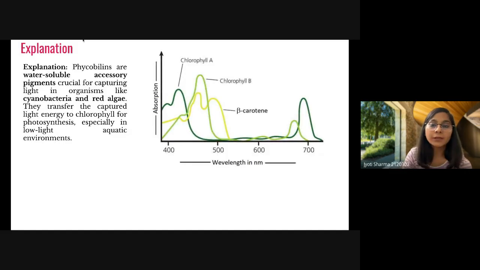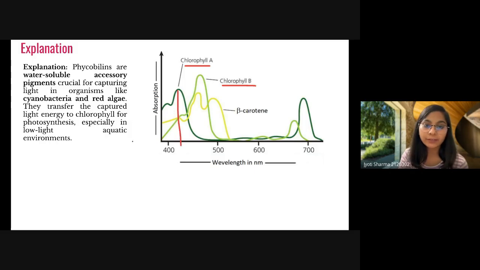So just see here, chlorophyll A and chlorophyll B take light at a particular wavelength, and that may not be sufficient, because we have light from very short range to very high wavelength.